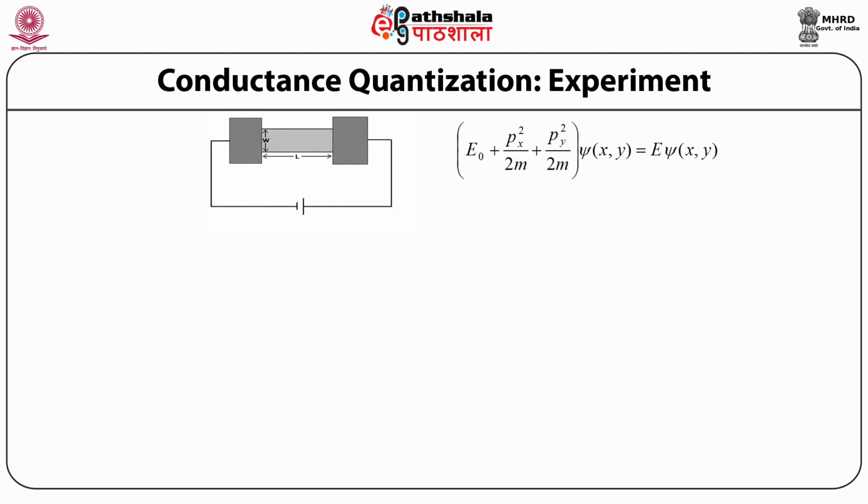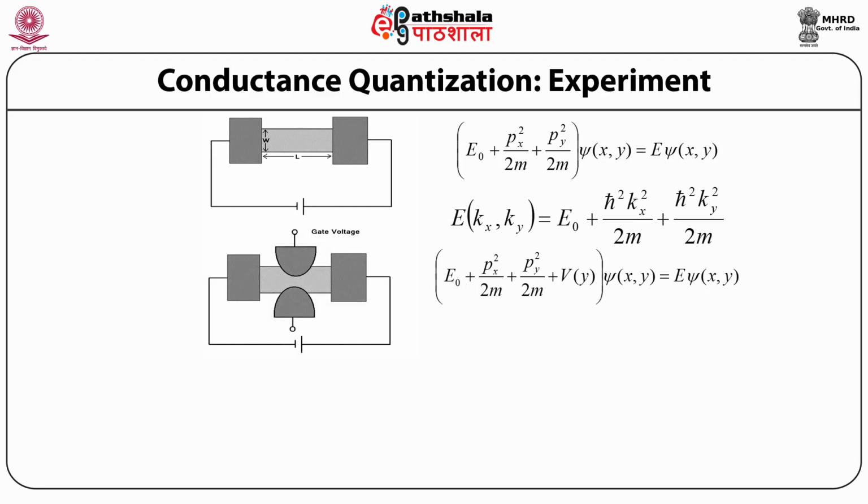And the energy eigenvalues are E as a function of kx, ky is equal to E0 plus h cut square kx square by 2m plus h cut square ky square by 2m.